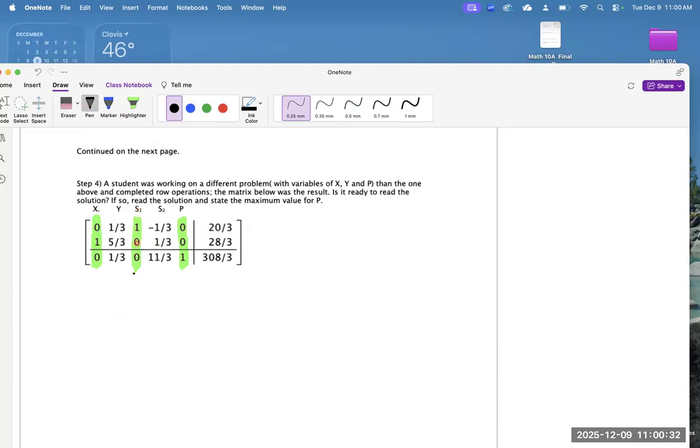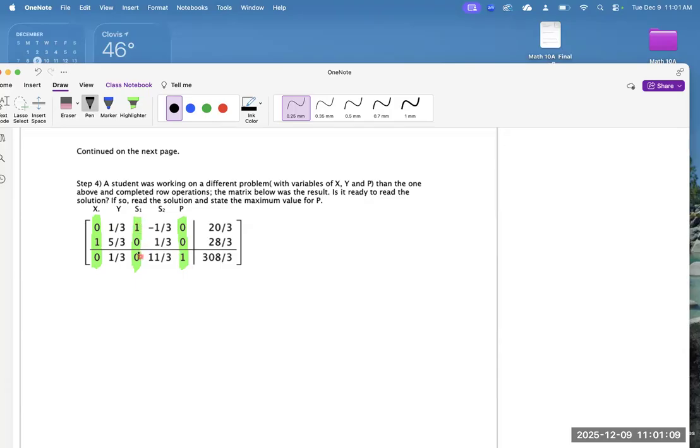Now, this one is just a slack variable, so we're not concerned with it. We're really concerned with variables x, y, and of course p, because that's the one we're trying to maximize. The other variables are the inactive columns. So y here is inactive and S2 is inactive. We completely ignore those columns, or you could say I just set those variables to 0. Either way, those columns are not affecting us.